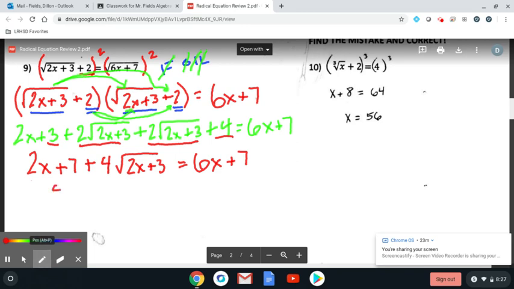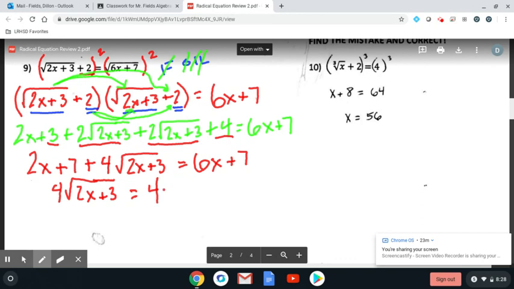So that's going to end up giving me 4 times the square root of 2x plus 3 is equal to 4x. And then the 7's just canceled out. Now to get that square root by itself, you have to divide by 4. So that's going to give us the square root of 2x plus 3 is equal to just 1x, which we'll just write as x.